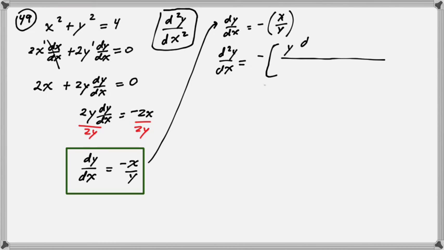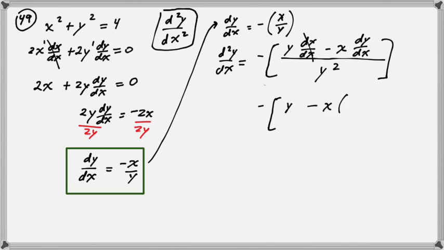The bottom times the derivative of the top, which is dx dx, minus the top times the derivative of the bottom, which is dy dx, all over the bottom squared. So that gives me a negative, that's a y minus x times dy dx all over y squared.